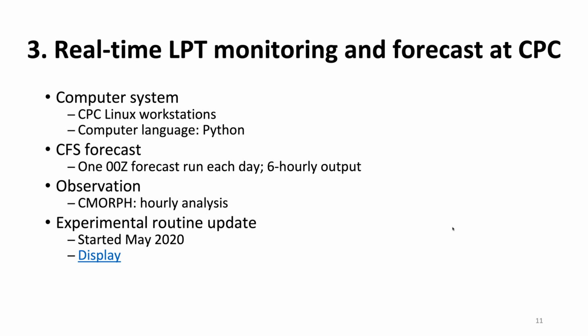The errors start at a very early lead time. That just indicates that those prediction errors are inherent in the model capability to reproduce larger scale precipitation characteristics. So I'll stop here, and Wanqiu will continue to introduce how this method is applied in real time.